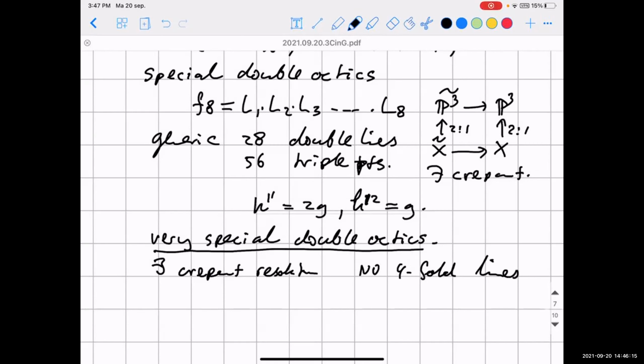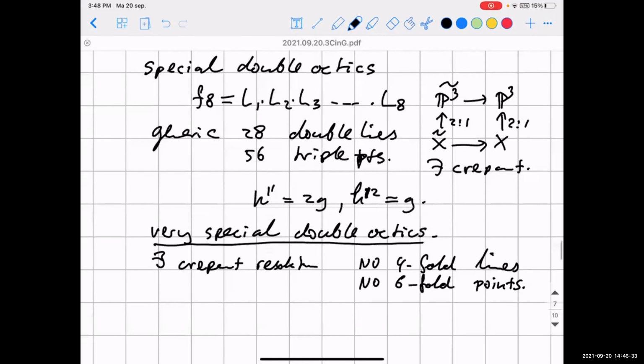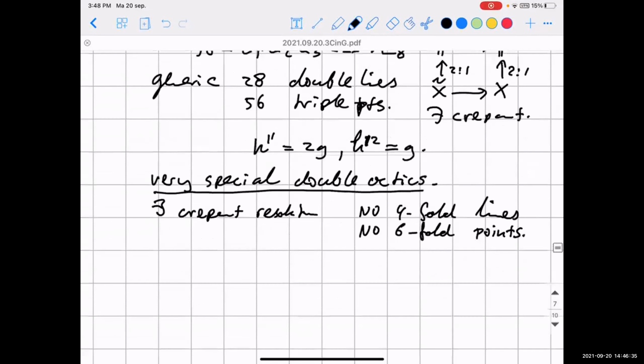So you can allow 3 planes passing through a line, but no 4-fold lines and no 6-fold points. No 6 planes intersecting in 1 point. And if you have these conditions, then, so this is a result by Cynk-Szemberg. He showed this. And this is necessary and sufficient for having a crepant resolution.